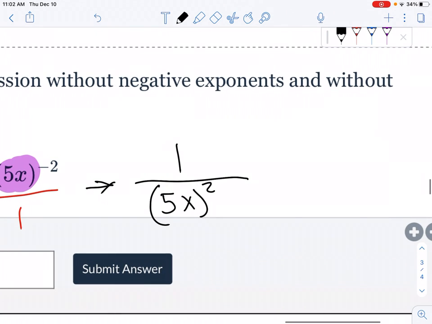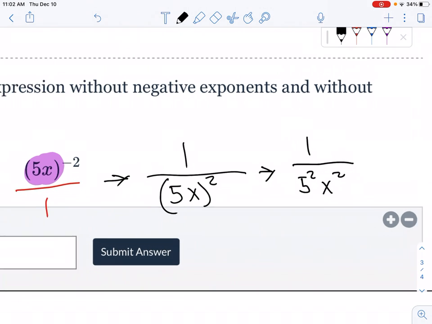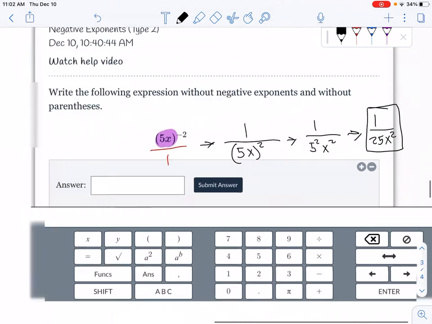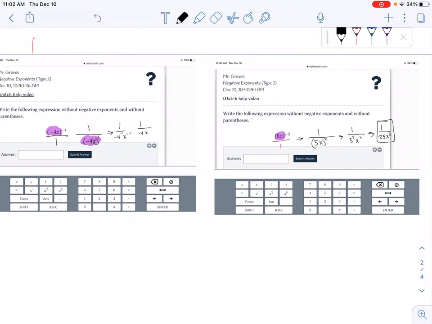And then we do what we did earlier, where each piece gets a 2. So 5 gets a second power and x gets a second power. And then we just work out 5 to the second power is 25. So this would be our answer. You won't see too many of those, but they do come across, okay?